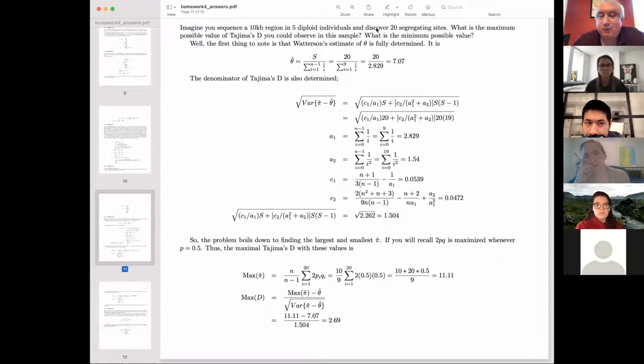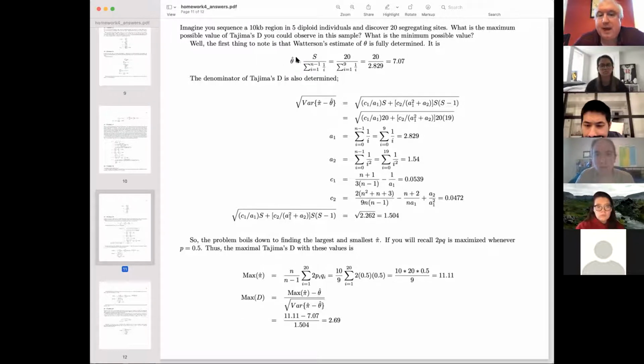That's what segregation means here. In these 10 alleles, at 20 positions, there were 2 different nucleotides. So those parameters circumscribe the problem: 20 segregating sites, 10 KB, 10 alleles.